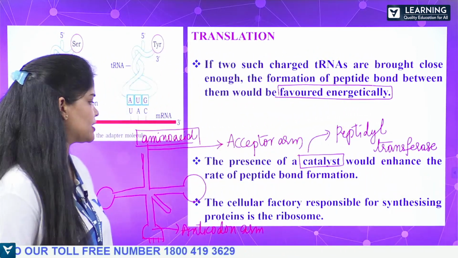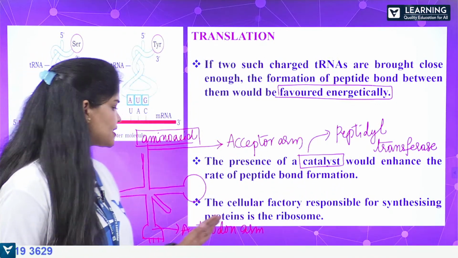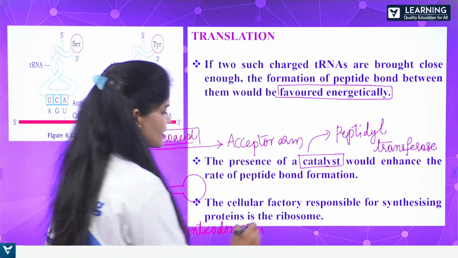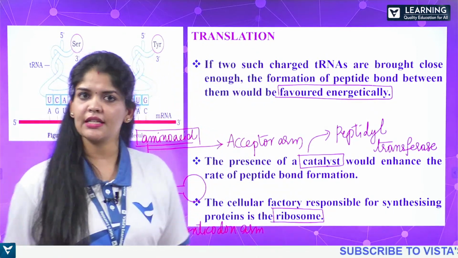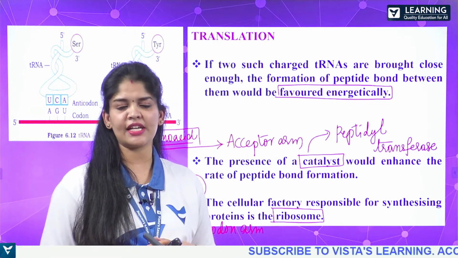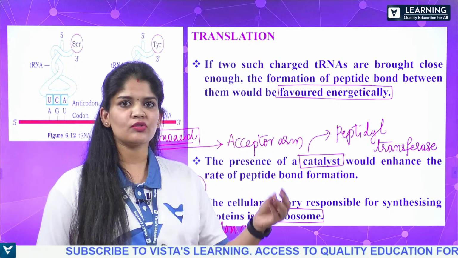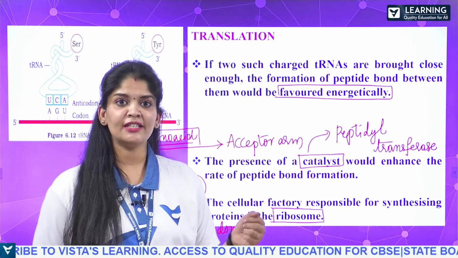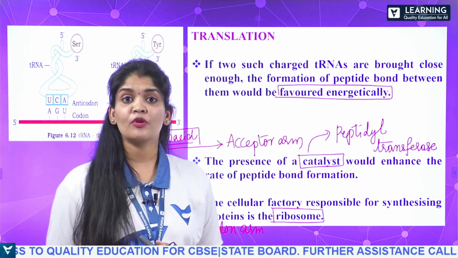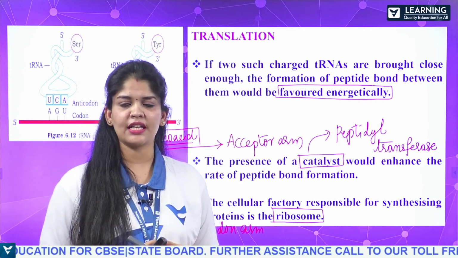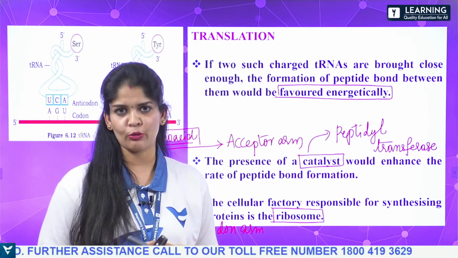Peptidyl transferase. Now, the cellular factory responsible for synthesizing proteins is the ribosome. Ribosomes are the site for protein synthesis to take place. And they are of two types. Just now we said that there are 70S ribosomes, which we find in prokaryotic cells as well as in eukaryotic cells. 70S ribosomes are found in the eukaryotic cell in the mitochondria as well as in the chloroplast.